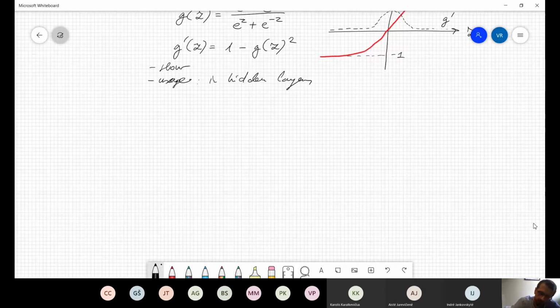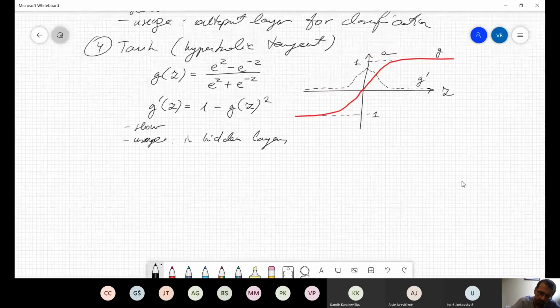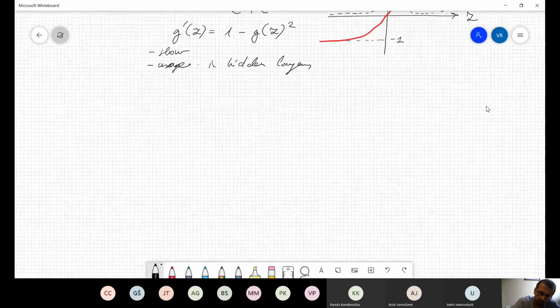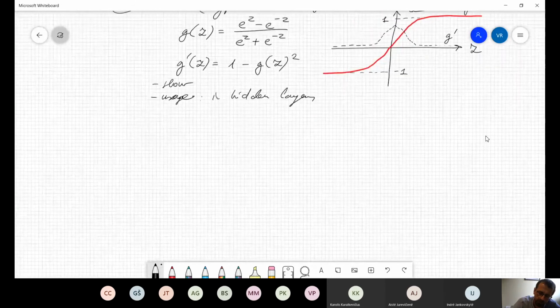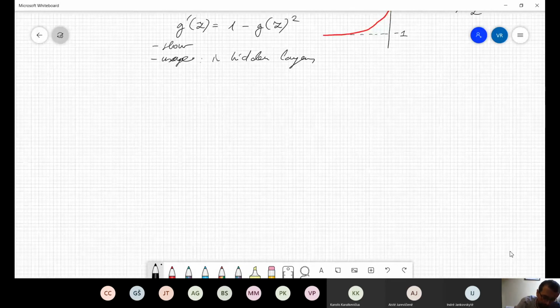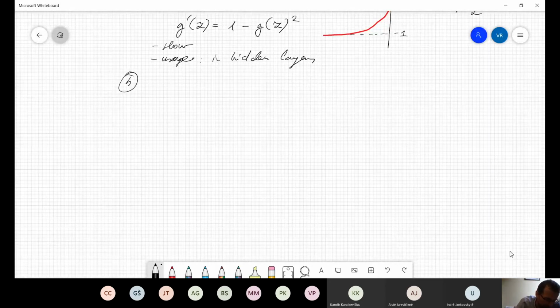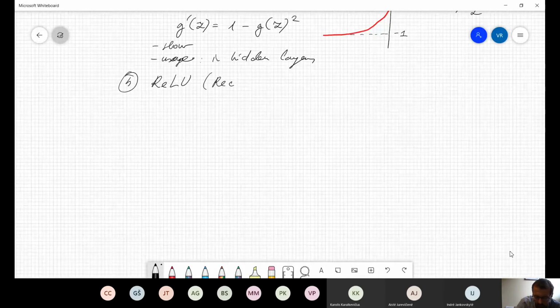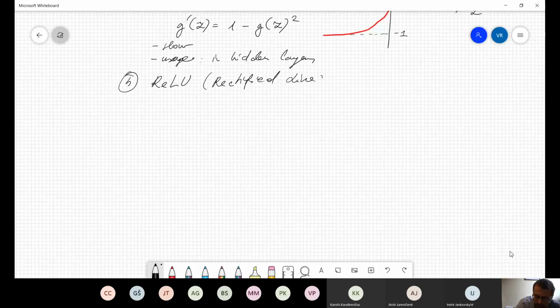Okay, so after tanh was invented, the new invention was to use something simpler, but not less powerful. This is the rectified linear unit, ReLU, or corrected linear unit.